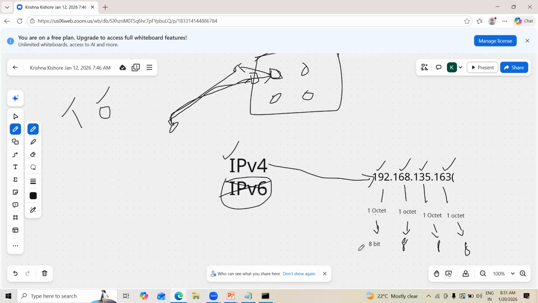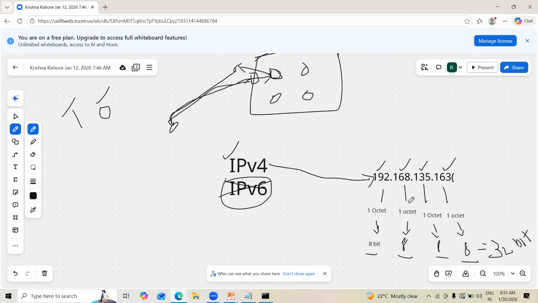So here each octet has 8 bits. In total, how many bits do we have? 8 plus 8 plus 8 plus 8. Four 8s are 32 bits. In total we have 32 bits here.